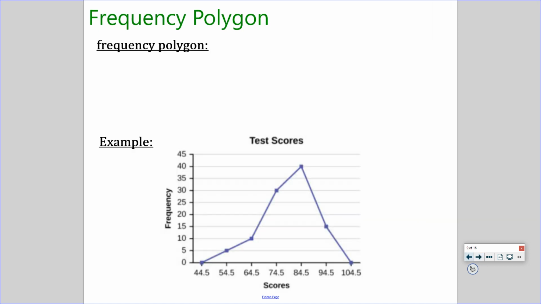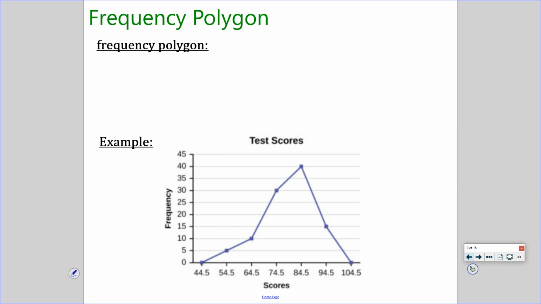Okay, let's maybe talk about one last thing here. So we have something called a frequency polygon. It's basically if you were to create a line graph through your frequencies, almost through the histogram. And it's called a polygon graph because it has many sides.